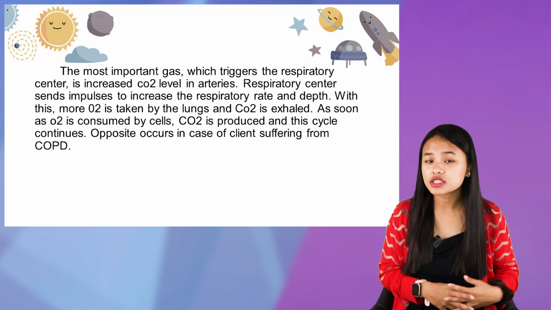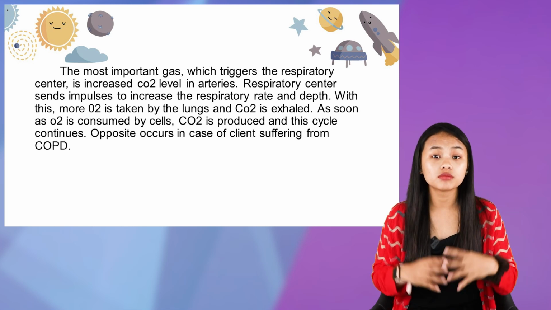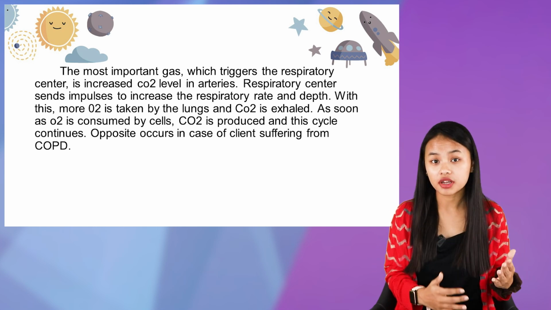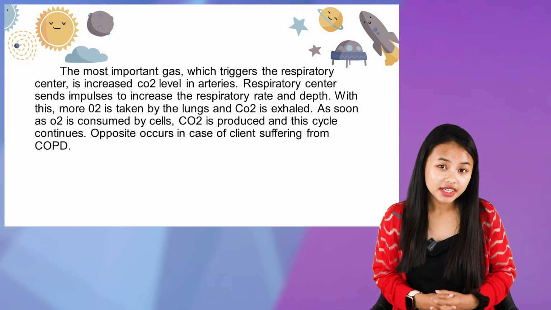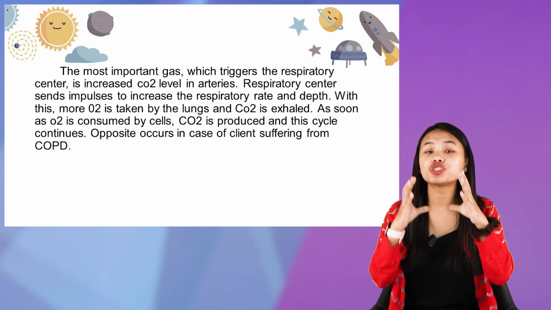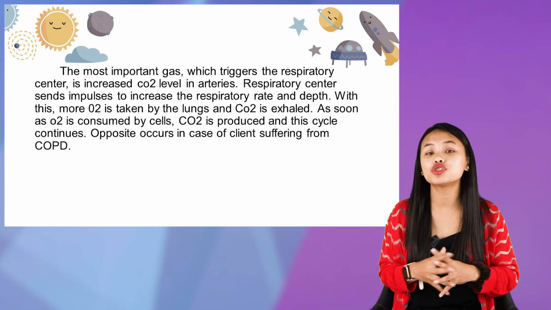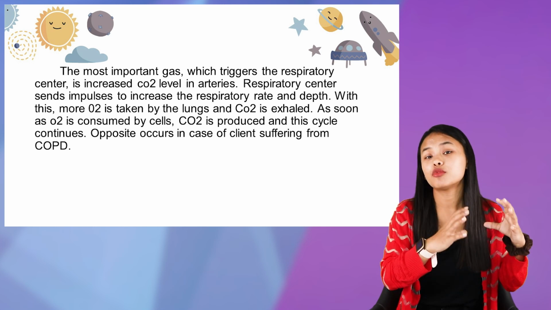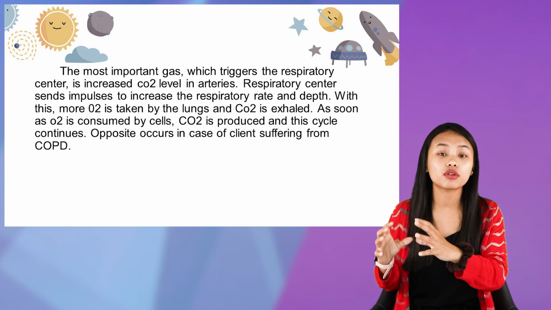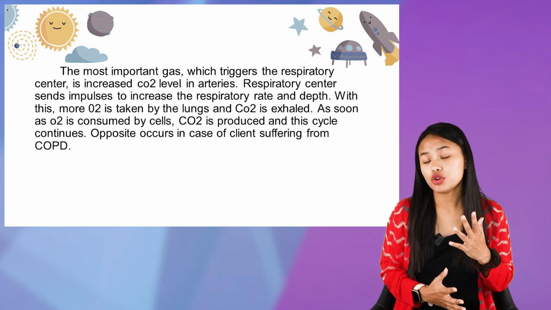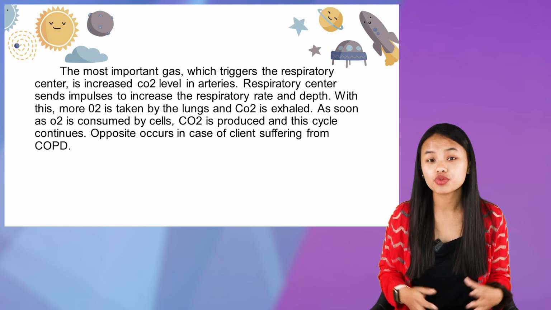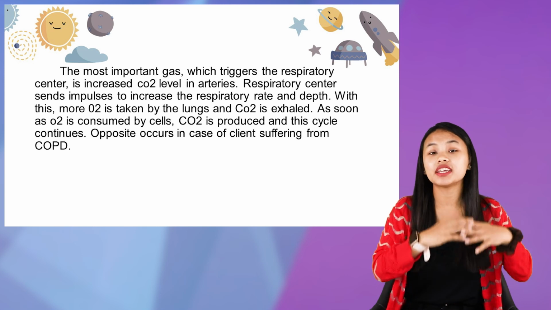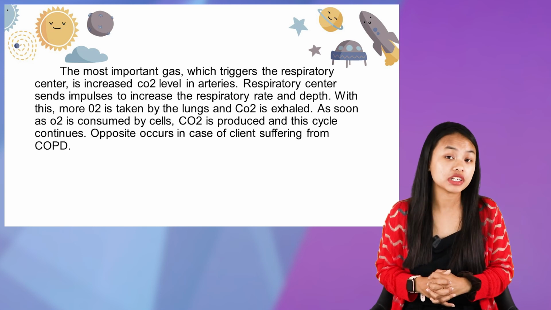However, if you encounter any client who may be suffering from COPD, then you may find that the opposite might occur. That is, the carbon dioxide level present in the blood of the individual will always be increased. So in such cases, the chemoreceptors present in the carotid arteries will convey this message to the respiratory centers in our brainstem, and this will lead to an increased rate and depth of respiration.